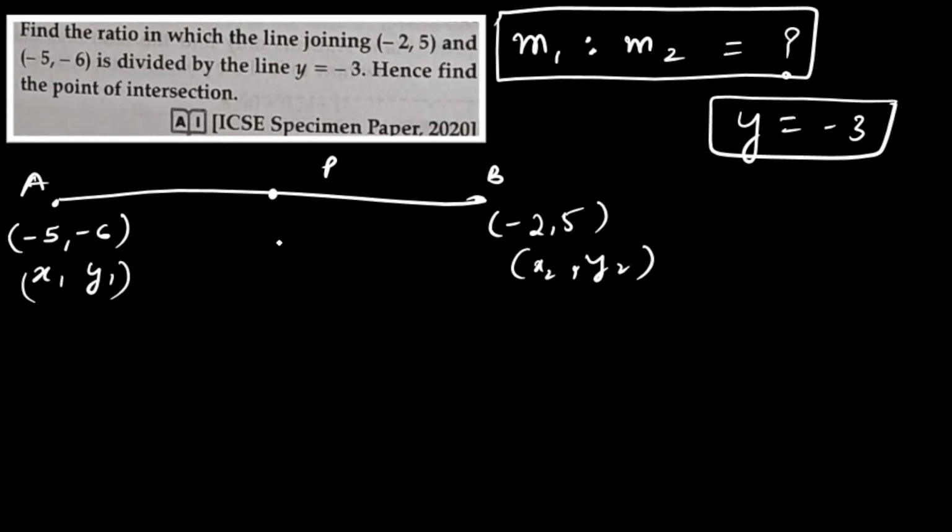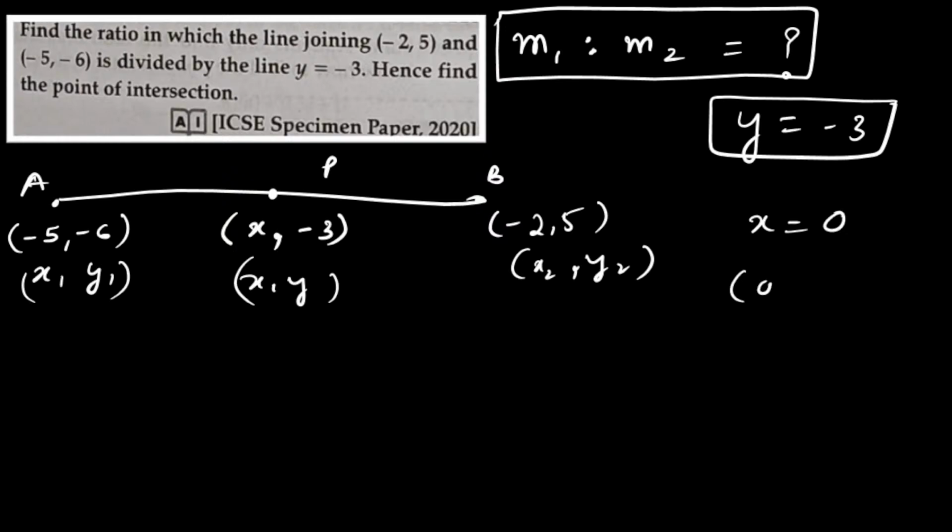What does it mean? See, here we have the coordinates x, y. So x is x only, but y is equal to -3. That means the value of y is -3 here. Don't assume x equals 0.